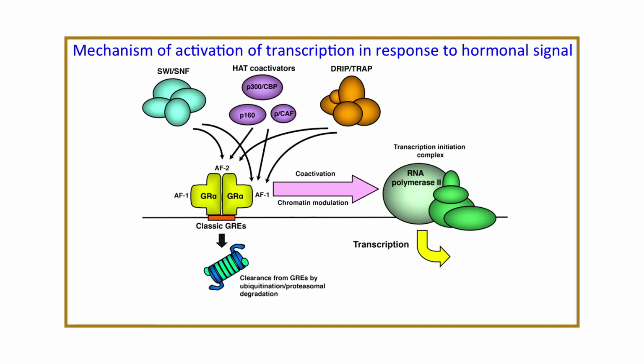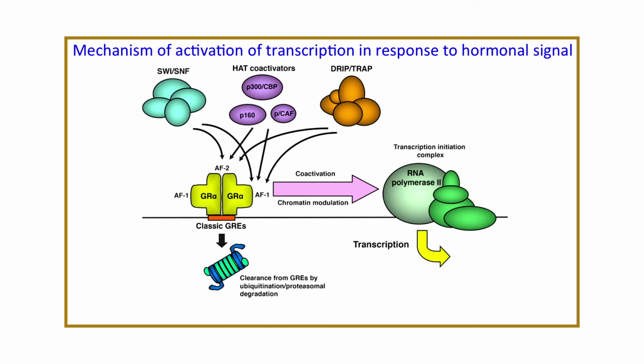Once inside the cell, the hormones interact with one of the two types of steroid-binding nuclear receptors. In both cases, the hormone receptor complex acts by binding to highly specific DNA sequences called hormone response elements, thereby altering gene expression.